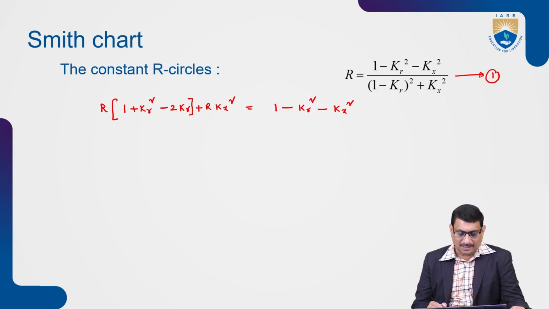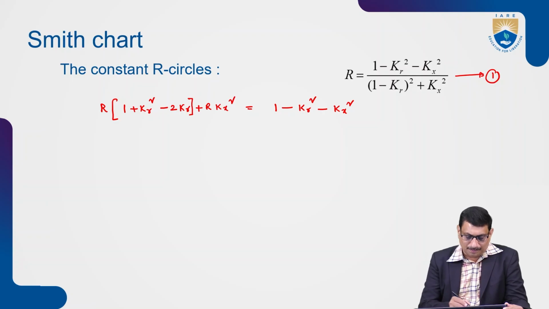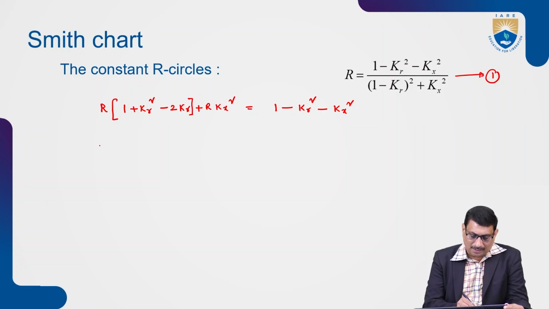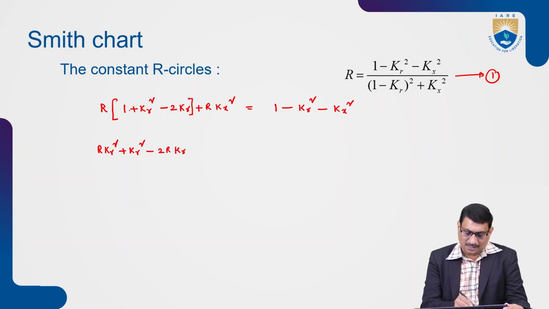Now I will write all the kr square terms at one place, where here we have r into kr square, and plus kr square minus 2r kr, and these are all the kr terms, plus r into kx square plus kx square and equal to 1, and here an extra plus r is there.